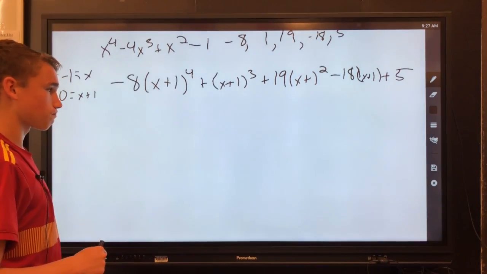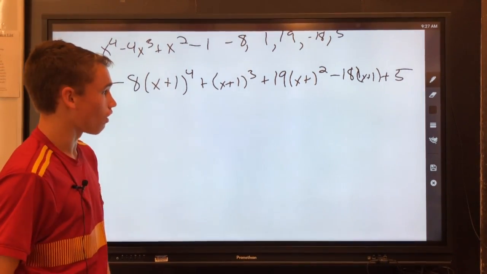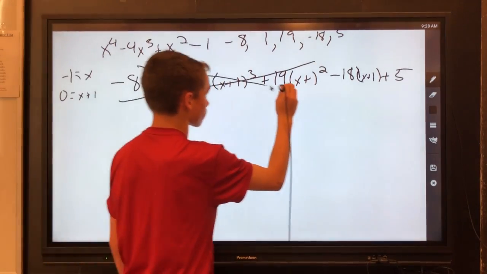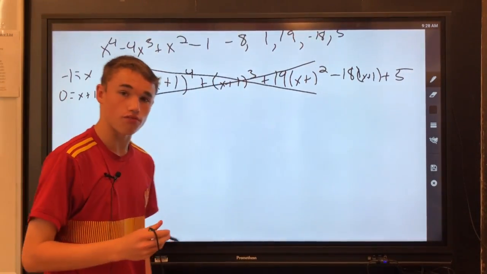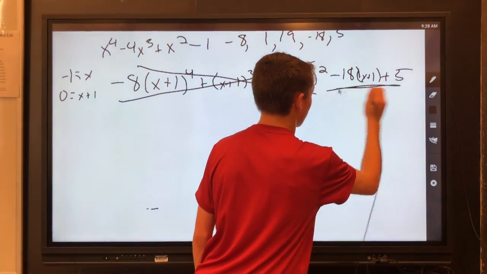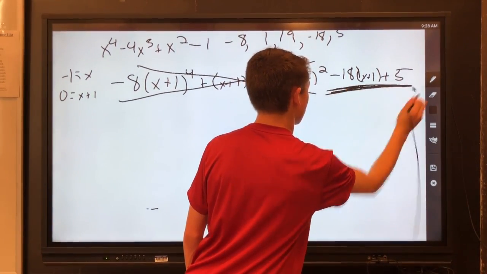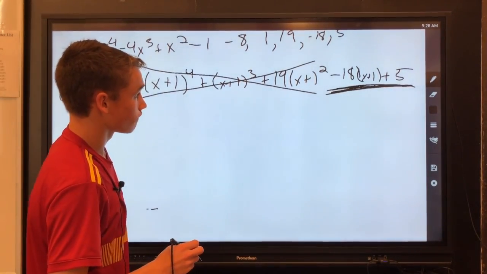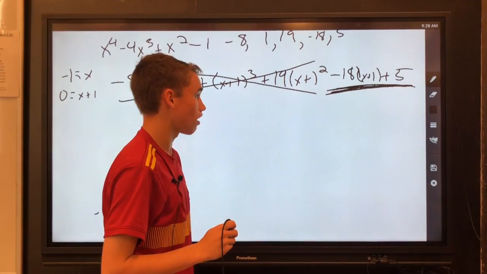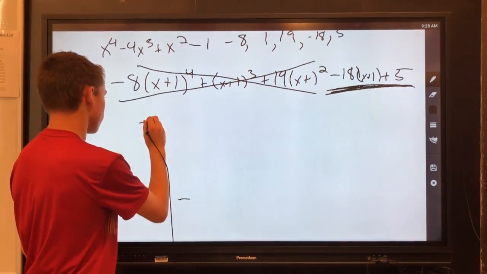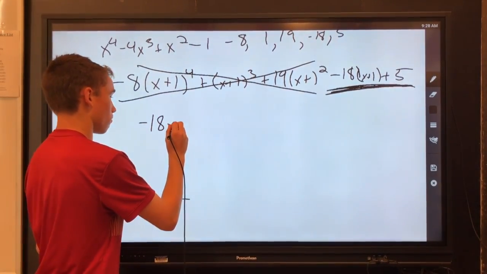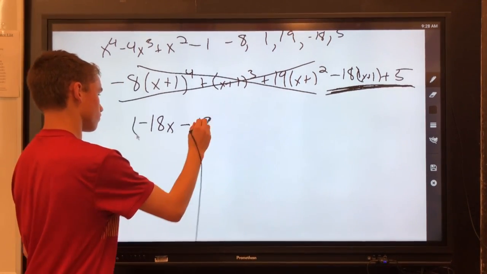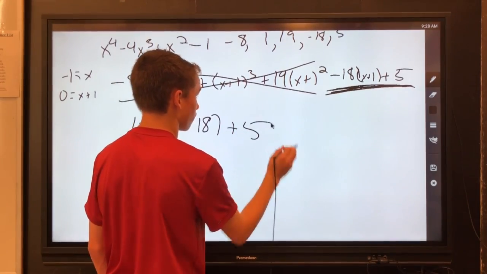Now what we have to do is we need to ignore all of these. Okay, the only thing that is important in this part is these numbers. So what we need to do is distribute these numbers. So negative 18 times x plus 1, so we have negative 18x minus 18 here, plus 5.